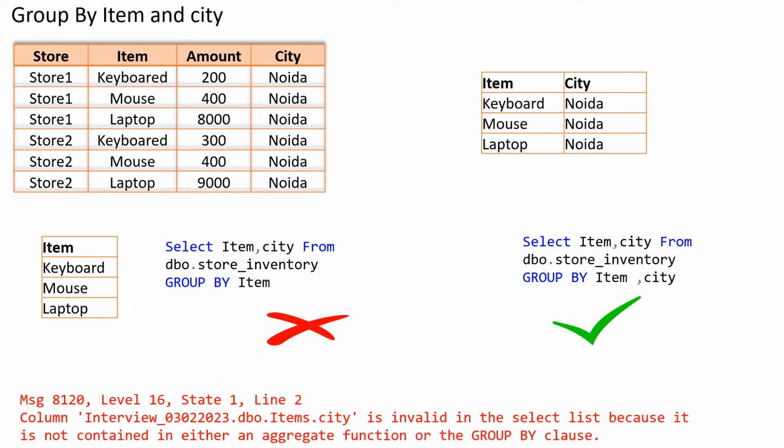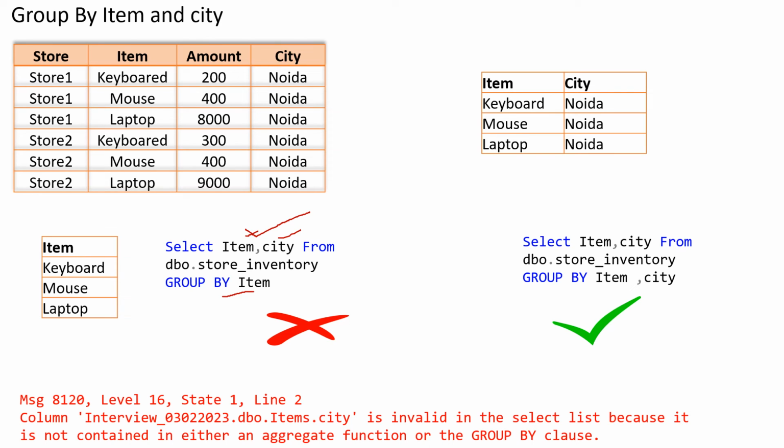Now we will look at the common issue when we are writing a SQL query with the group by clause. If you can see, this query is wrong because we are creating a group on item, but we are selecting two different values, item and city.